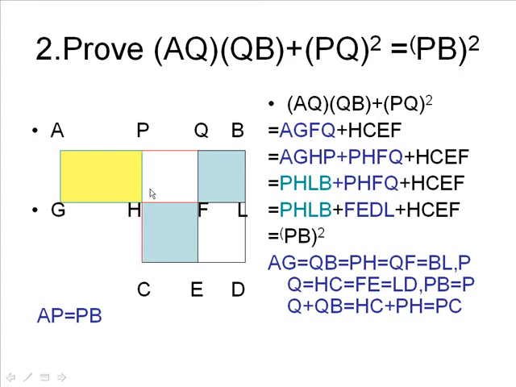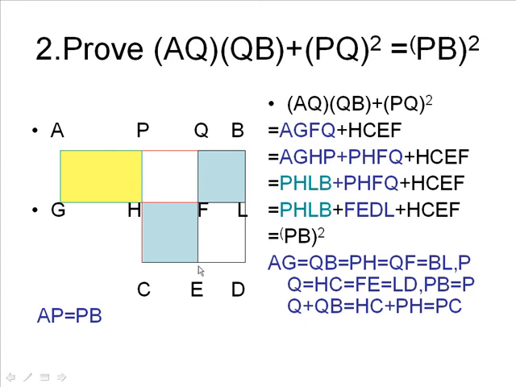We're going to show these two white ones are also equal because, since the blue one is a square, FE equals HF and HF equals PQ. So we have two sides of these two white rectangles are equal.